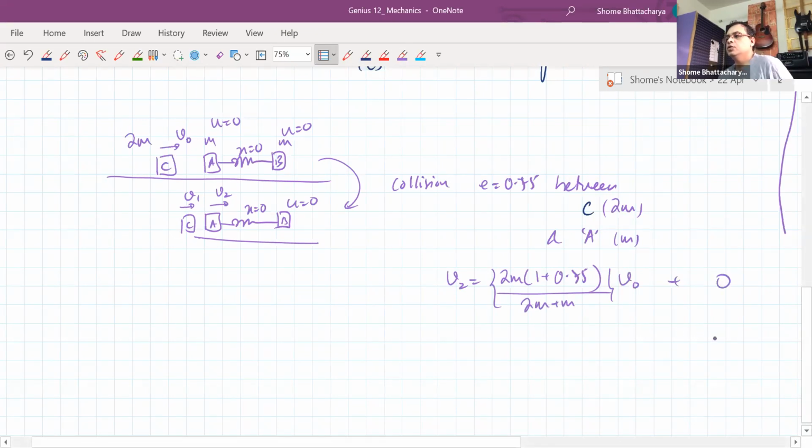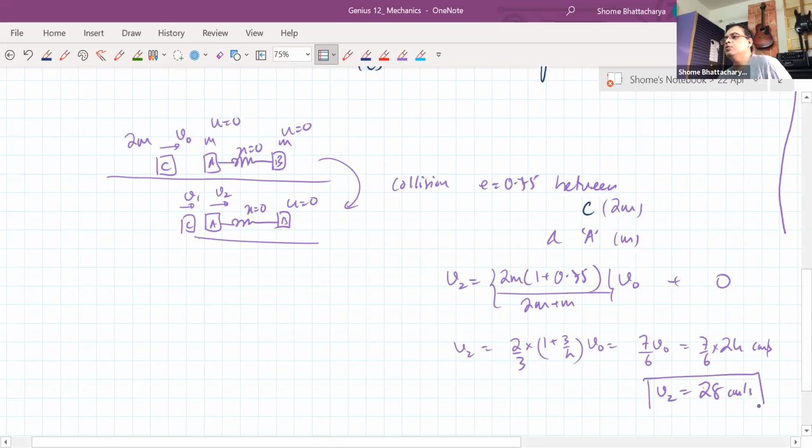So this will become 2 by 3 into (1 plus 3 by 4), 0.75 I can write like this, into v0. So that is becoming 7 by 6 v0. So 7 by 6 into 24 centimeters per second should make it 28 centimeters per second. Right, Samik, hope you have got the same value.